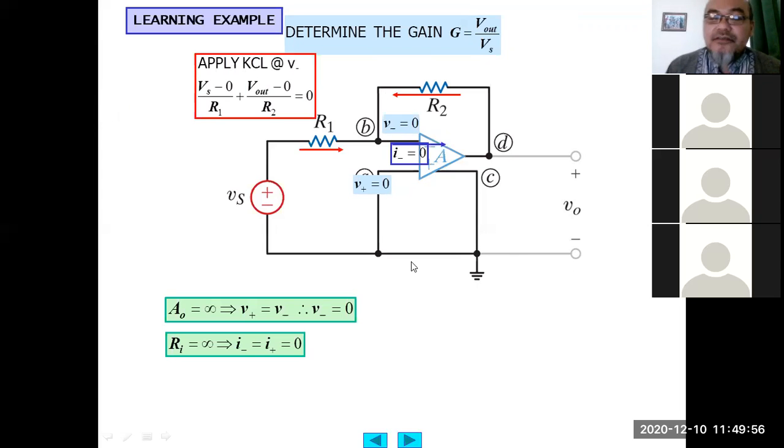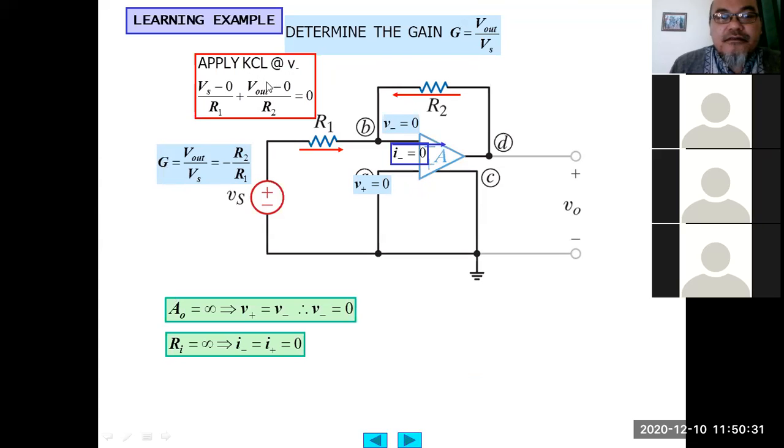So we can use Kirchhoff's current law, nodal analysis at this V minus: Vs minus 0, because V minus equals 0, divided by R1, plus V output minus 0, divided by R2, equals 0.